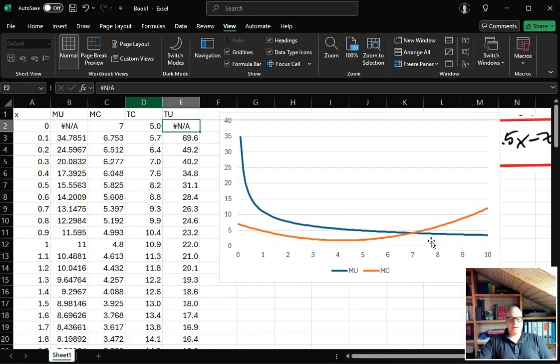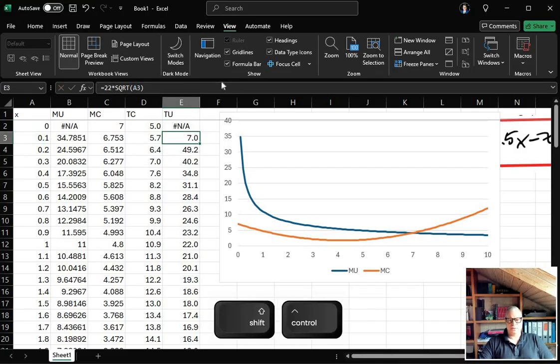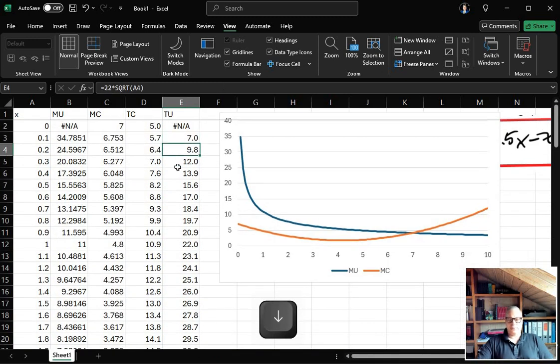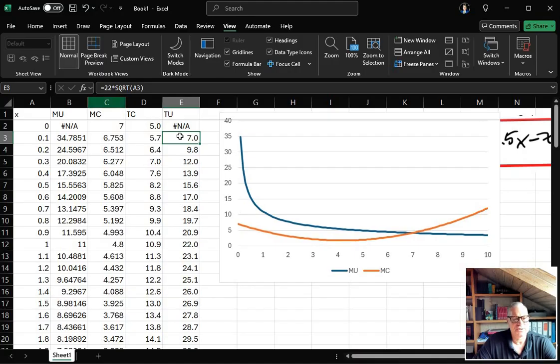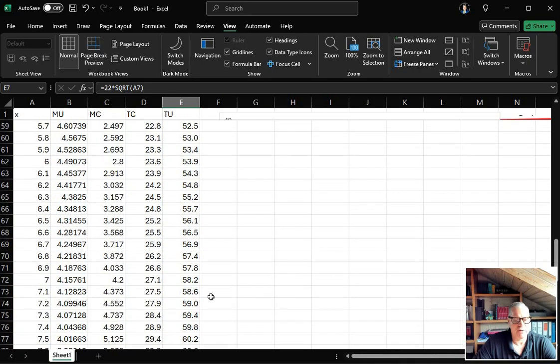I'm sorry, I just thought it can't be right, because this should be not divided by, but times. So now it makes sense. The total utility function was 22 times the square root of x, but the marginal utility was 11 divided. Okay, so I apologize, but now it looks correct. So now we can look up the optimum value at 7, so that's 58.2.